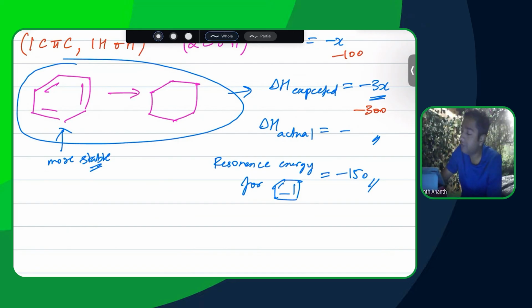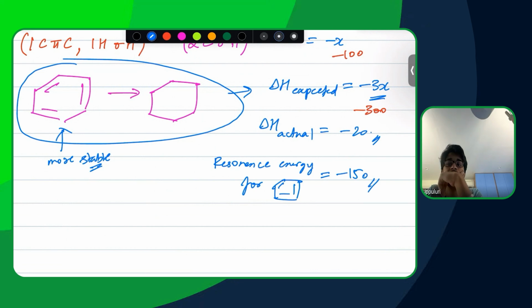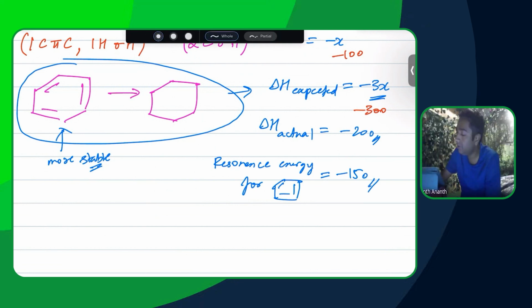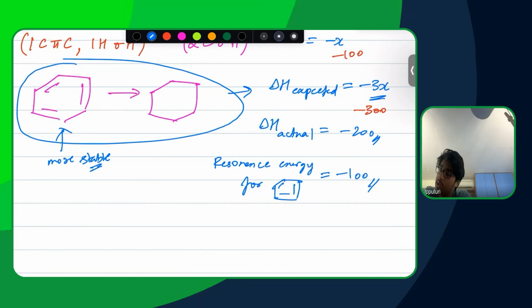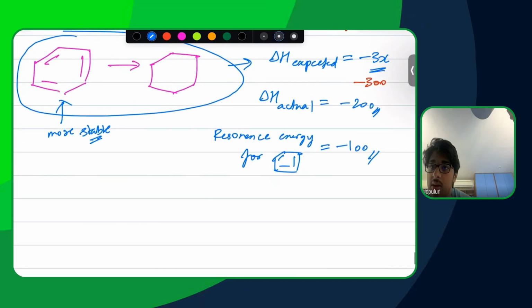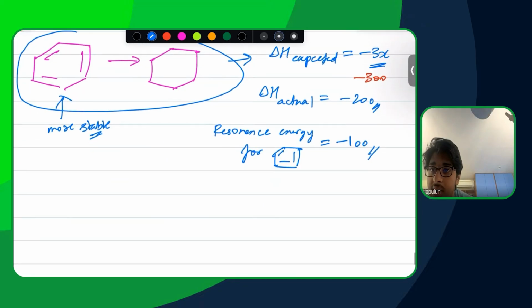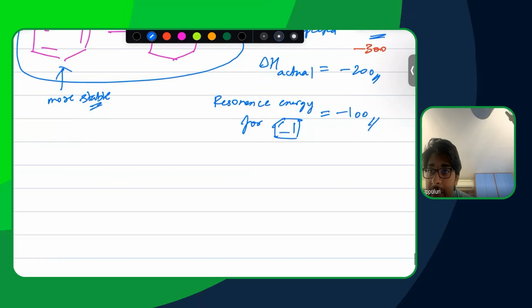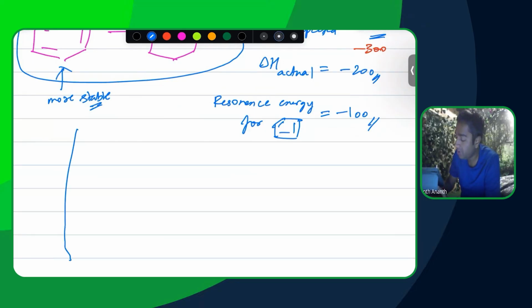This is unnecessarily complicating things. Let's make this 200. This should be minus 100. You understand the idea here? So when we're writing the delta H, we write all the... wait. The easiest way to understand this is to draw an energy profile diagram directly.